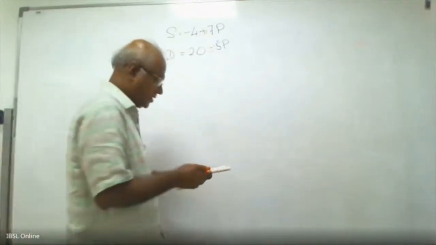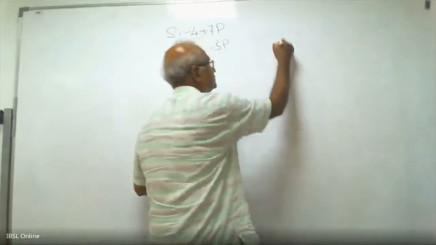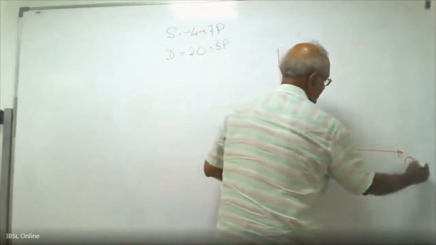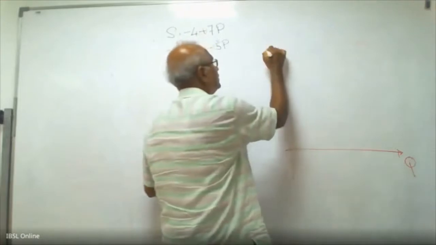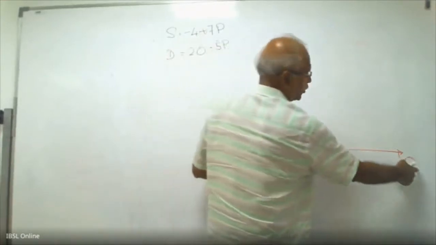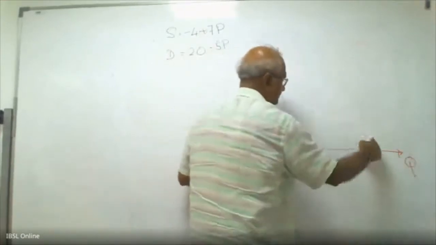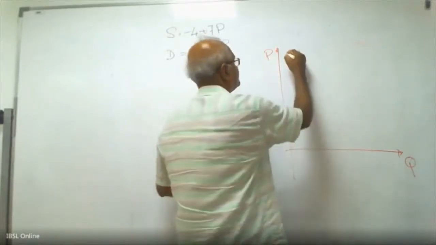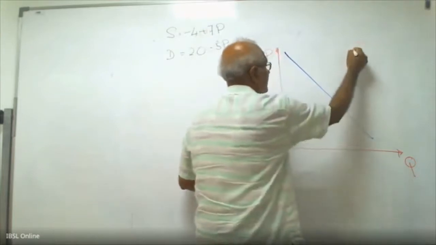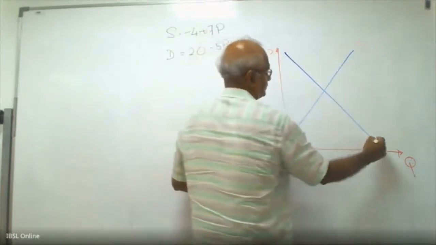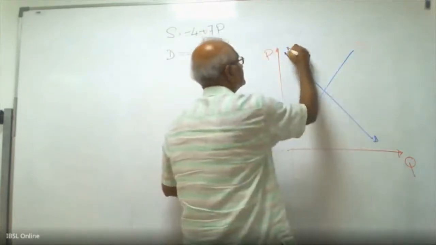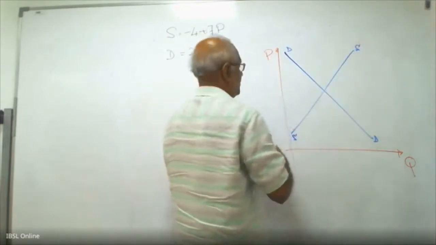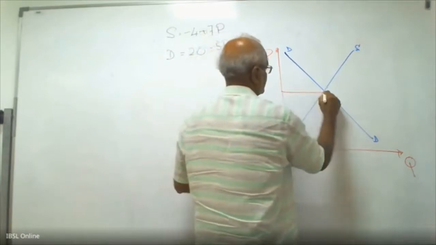Now, if you draw the demand curve, quantity and price, I don't put QD or QS because I am going to draw both demand and supply curves, to find the equilibrium price and quantity.